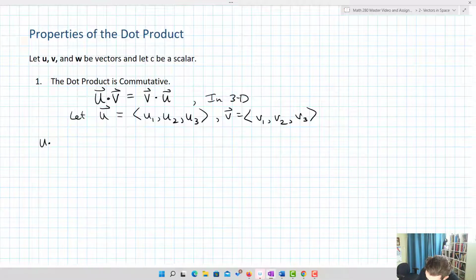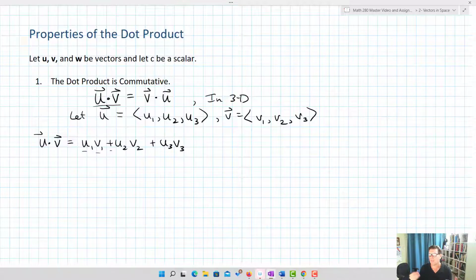So u dot v, by definition, is going to equal u1 v1 plus u2 v2 plus u3 v3. Got that direction, u dot v: multiply component-wise and then add them together. Now, scalars are just real numbers, and real numbers can be multiplied and added in any order. They are, in fact, commutative.